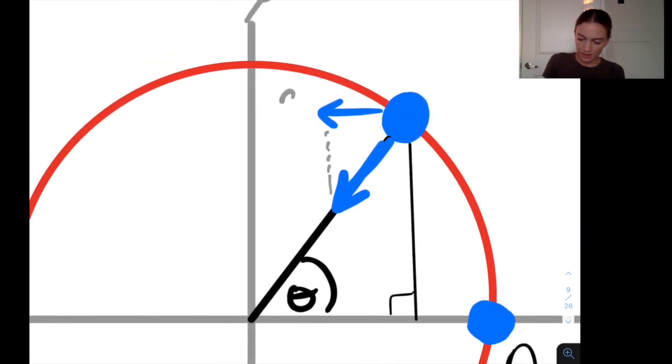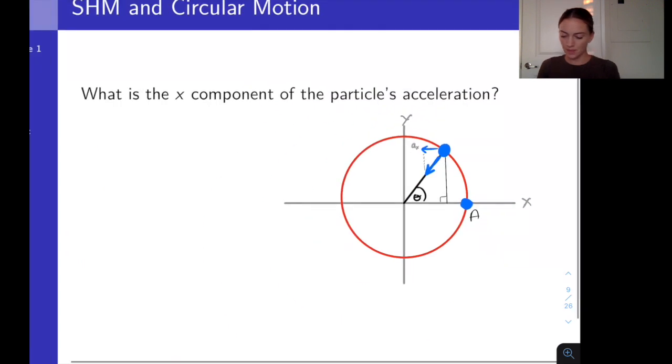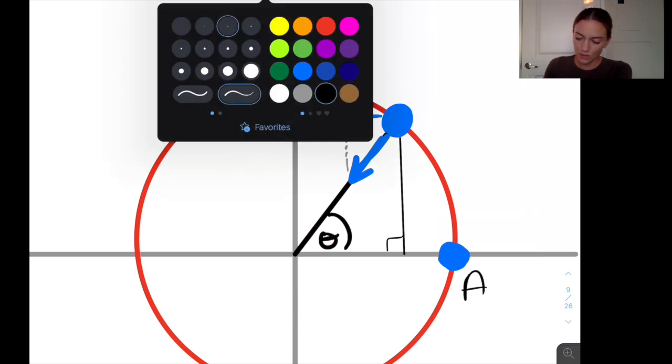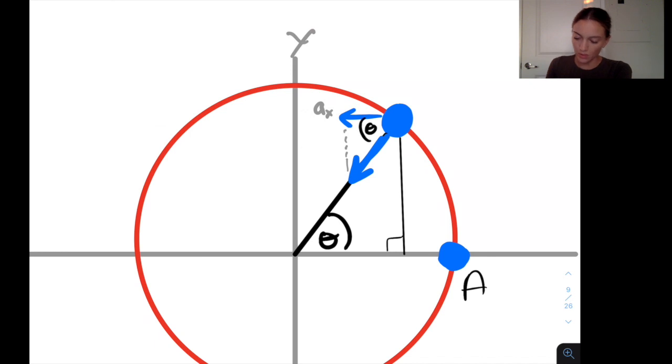So this here is a sub x. Now, what is the x component? Well, you have to think back to high school geometry, and you know that the x component of the acceleration and the x-axis are parallel, right? So if these are parallel, that means that this angle and this angle are the same. So this angle is also theta.